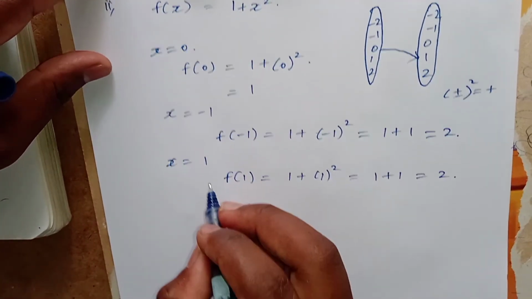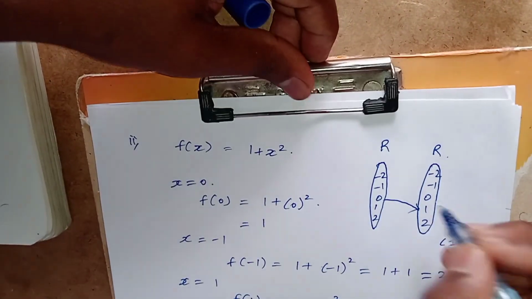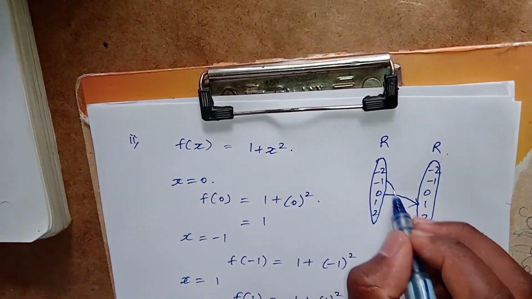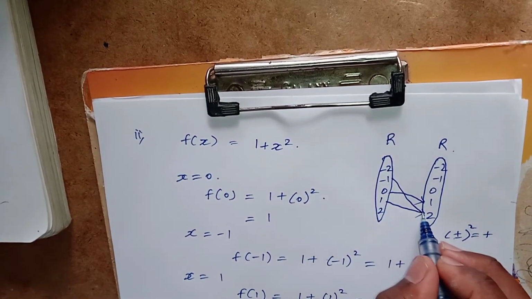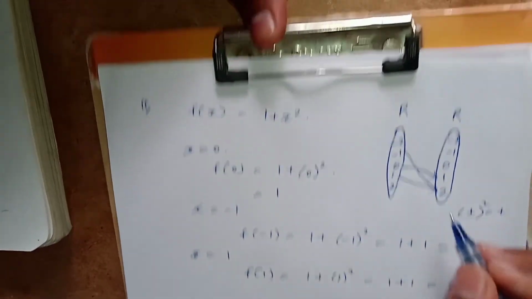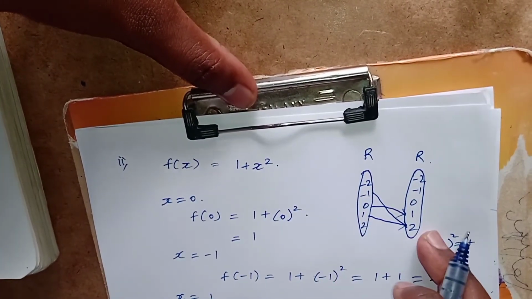Therefore, see here, for minus 1 it is 2, for plus 1 also 2. Therefore, it is clearly a many to 1 function.